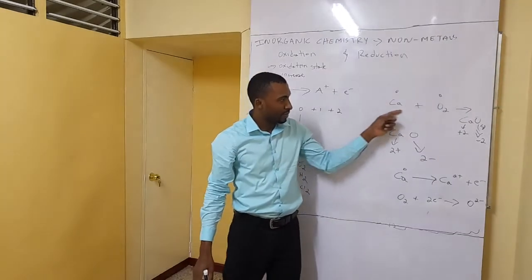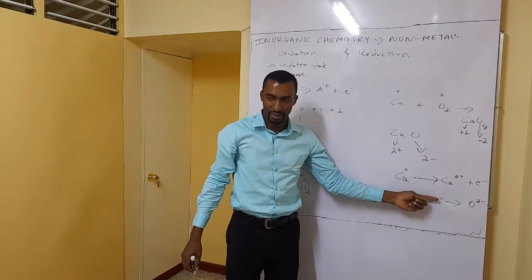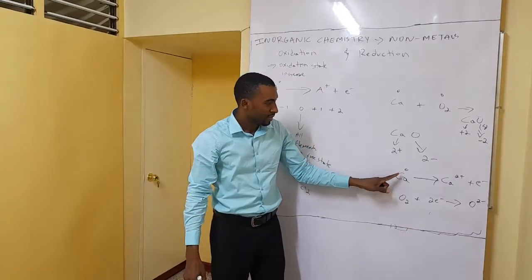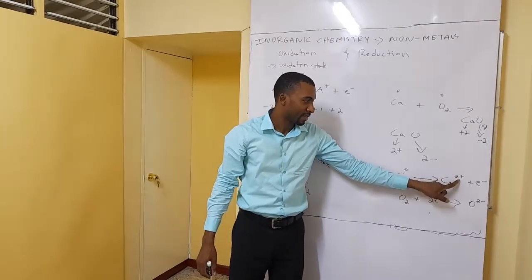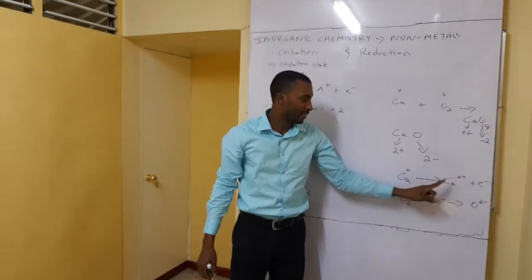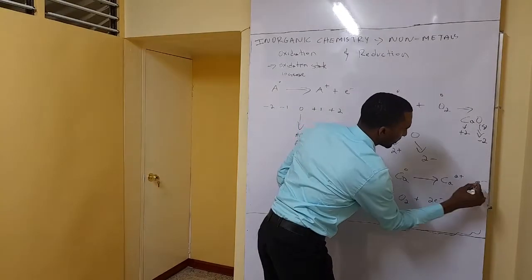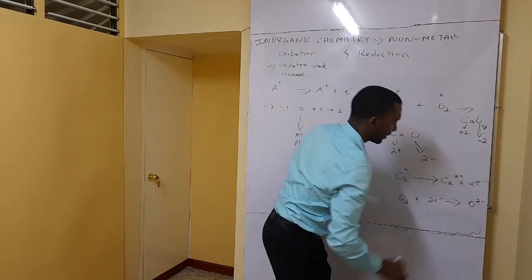Following? I'm just using this reaction to break down oxidation and reduction. Alright? So it simply means that calcium would increase in oxidation state. So it is oxidized. So this is 2 electrons, just to be accurate.